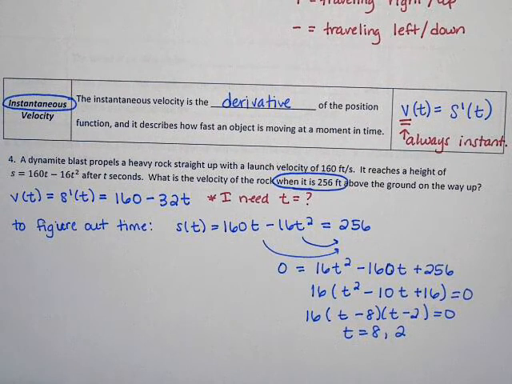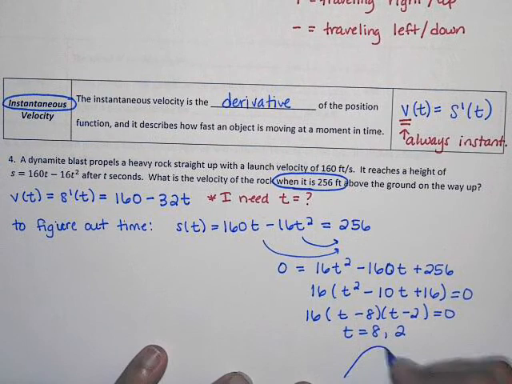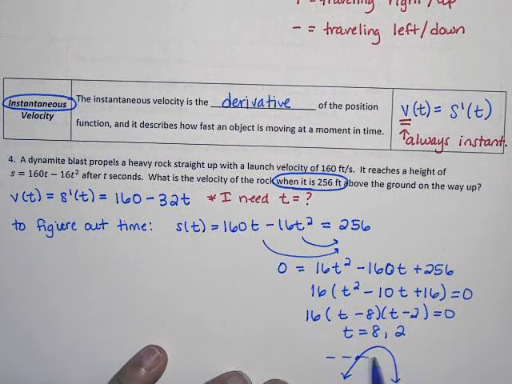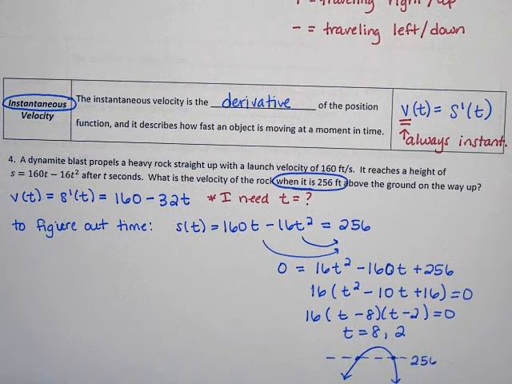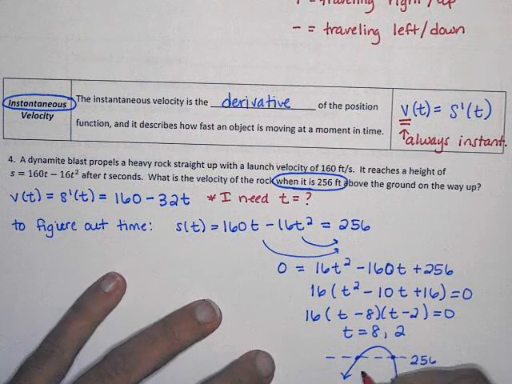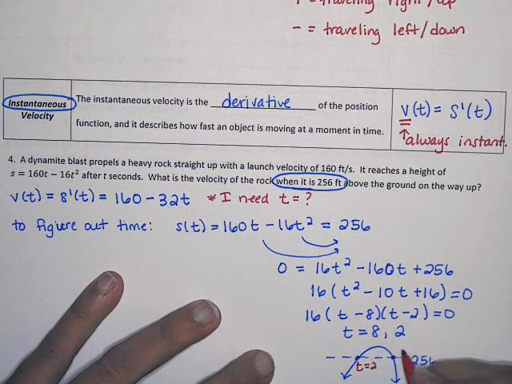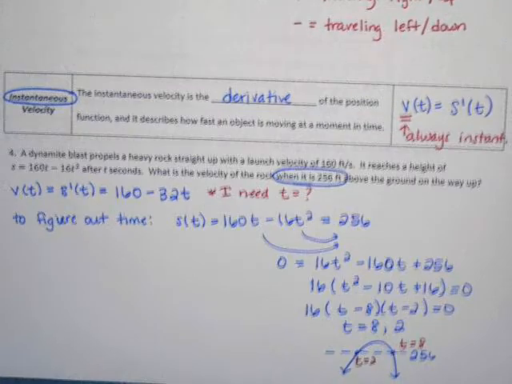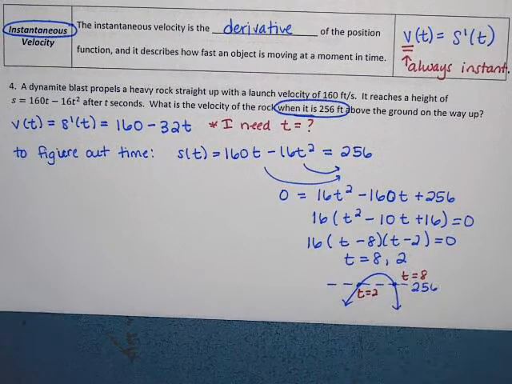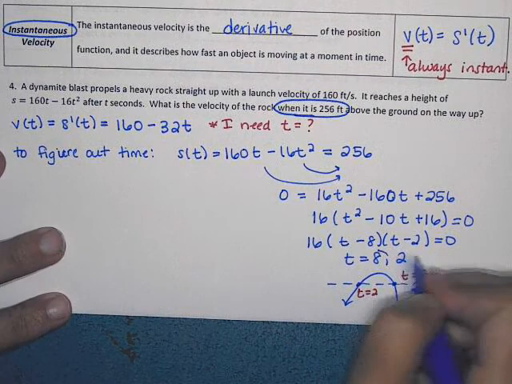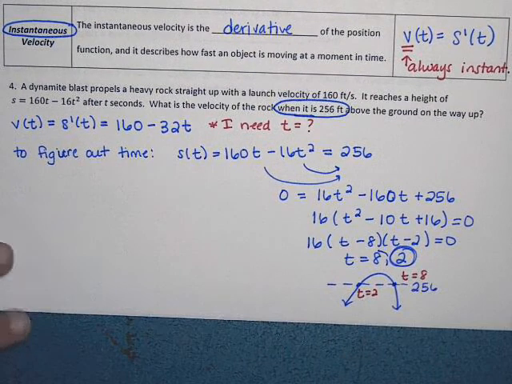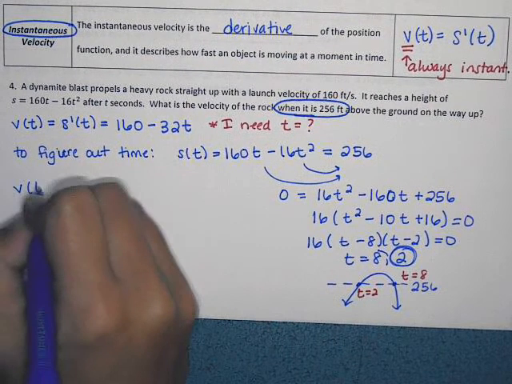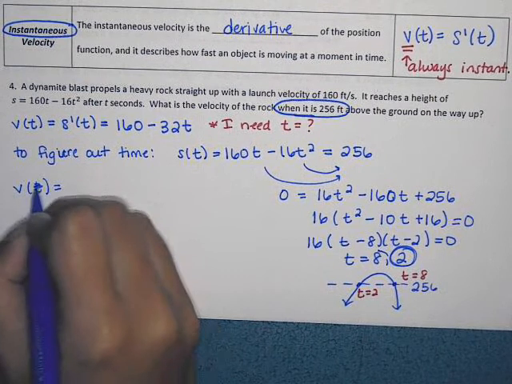Now remember, we're traveling in a parabola. So I'm going to hit 256 on the way up and on the way down. The earlier time has to be the way up, and the later time has to be the way down. Now that I know I'm concerned about when t equals 2, I would say, okay, what is my velocity at 2?